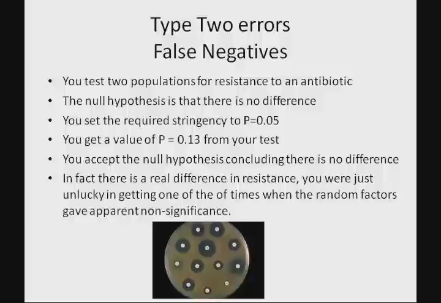Let's say, for example, that these 2 populations are actually different, and you set the required stringency as before to p of 0.05, and now you get a value of p of 0.13 from your test, and you accept the null hypothesis, concluding there's no difference because the p that you got, 0.13, is above the significance value of 0.05. So you conclude there's no effect of your drug. But in fact, there is a real difference in resistance. You were just unlucky in getting one of the times when the random factors gave apparent non-significance.